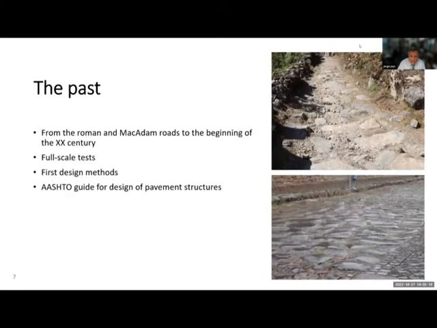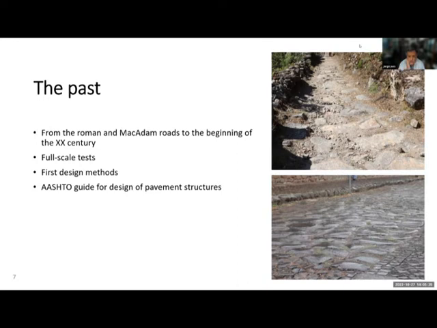Before that conference, pavement design was based on empiricism, and the methods that we had at that time were empirical methods.